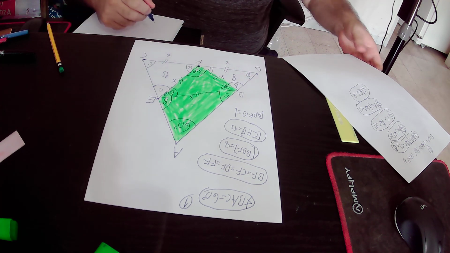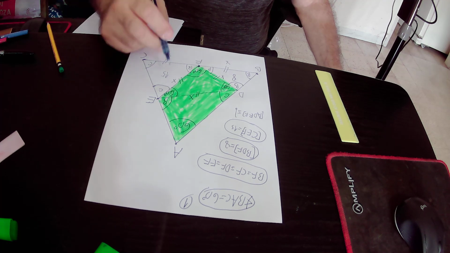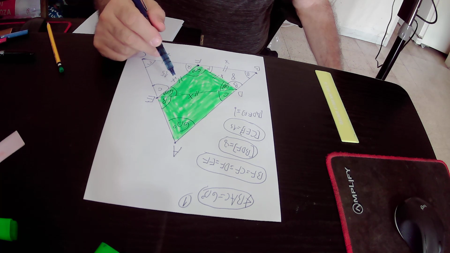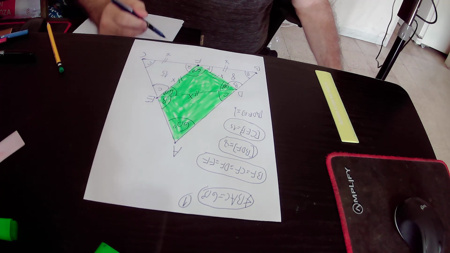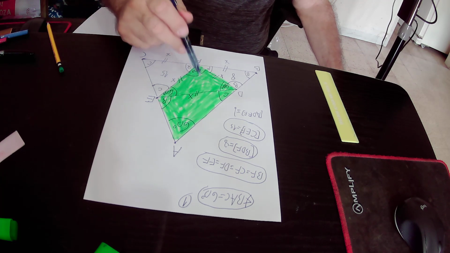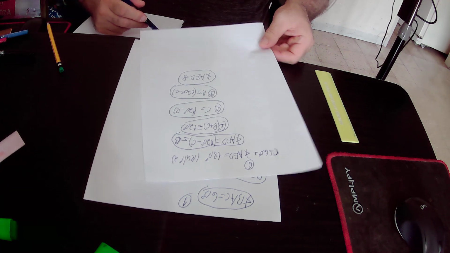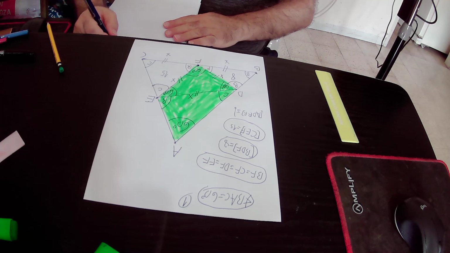Okay, so we found out that in triangle ADE we have angles 60 degrees, B and C, and actually we have the same angles in triangle ABC, 60 degrees, B and C. So we will focus on triangles ABC and ADE.